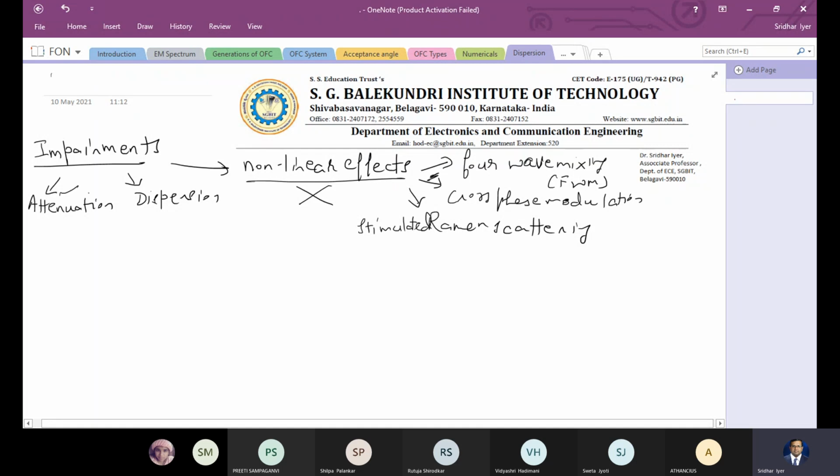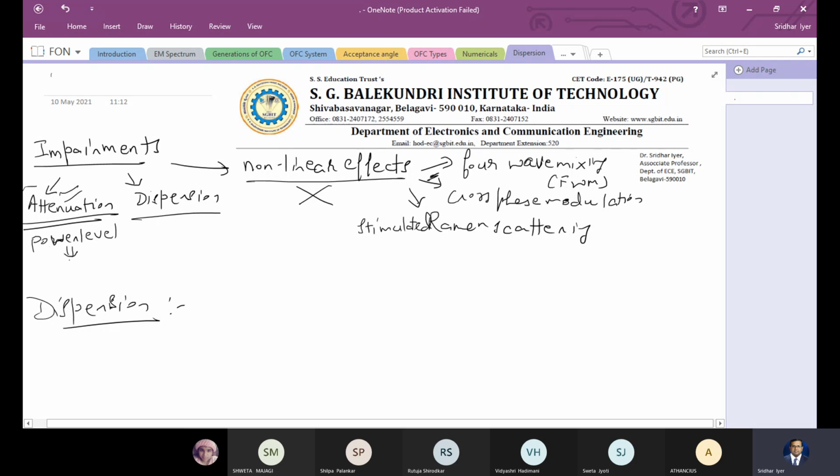We have done attenuation. Now we'll move on to what is dispersion, right? So we have seen very clearly that attenuation is going to affect the power level, right? That's why we were always calculating the output power given the input power and knowing the attenuation constant.